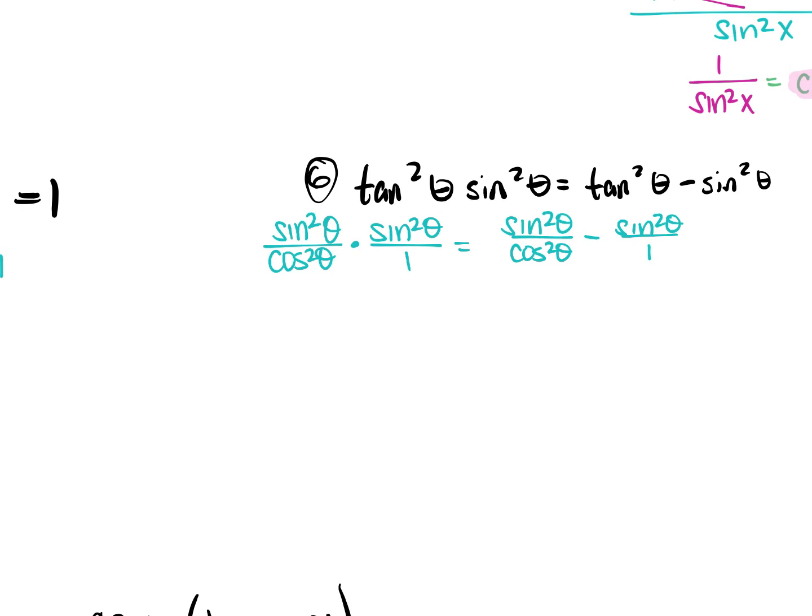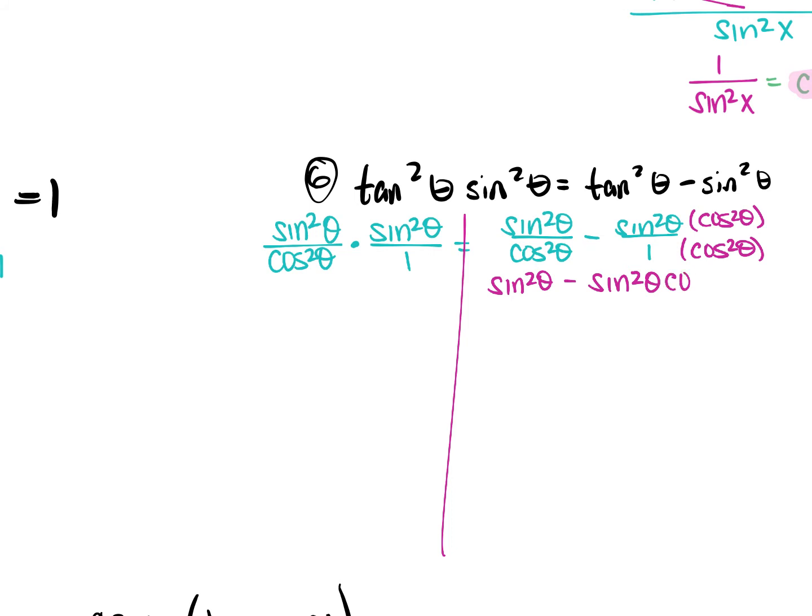In order for me to add or subtract fractions on that right side of that equal sign, I need like denominators. My least common denominator between those two fractions is cosine squared theta. So I'm going to multiply the top and the bottom of that second fraction by cosine squared theta. This is going to leave me on the right side with sine squared theta minus sine squared theta times cosine squared theta all over cosine squared theta.